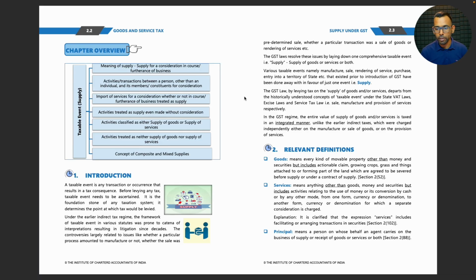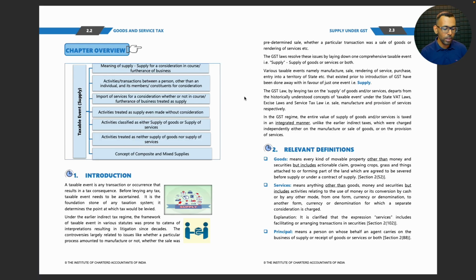Various taxable events, namely manufacture, sale, rendering of service, purchase, entry into a territory of state, etc., that existed prior to introduction of GST have been done away with in favor of just one event, supply.